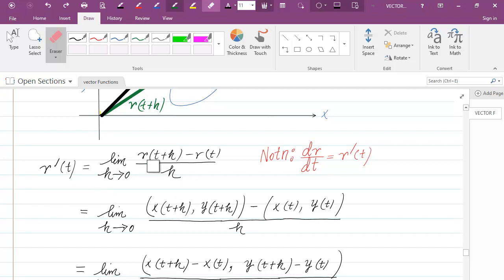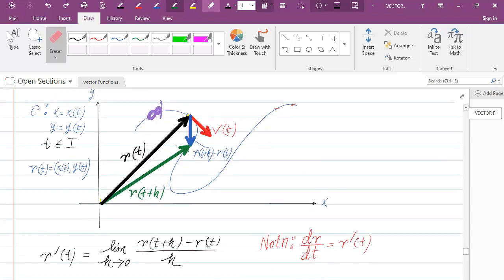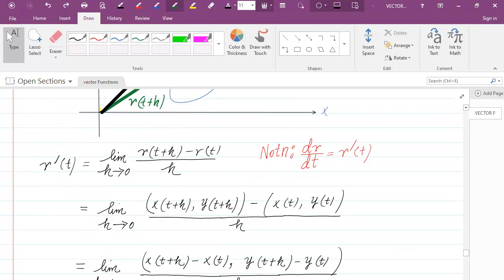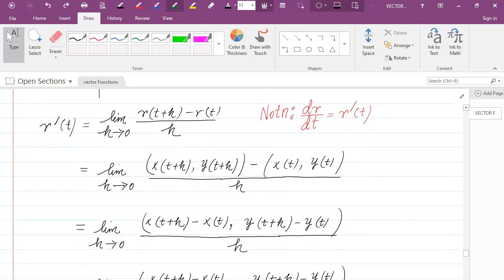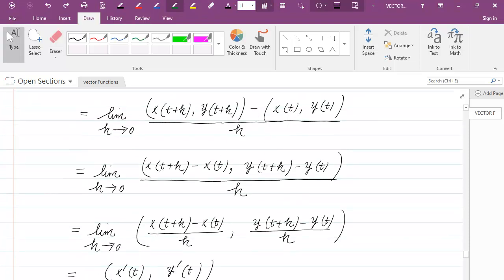Well, let's write down what r of t plus h is. It would be the vector x of t plus h comma y of t plus h, because recall that those are the components of r. And then minus r of t is, of course, x of t comma y of t. When we subtract these vectors, we subtract component-wise, so we get x of t plus h minus x of t comma y of t plus h minus y of t.